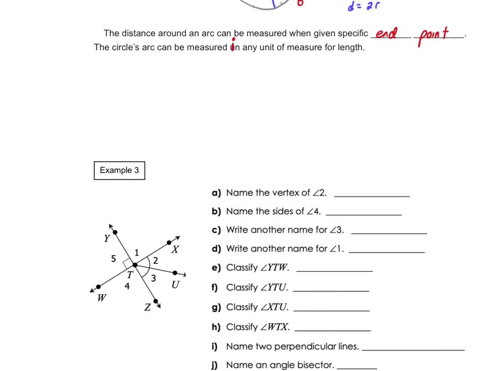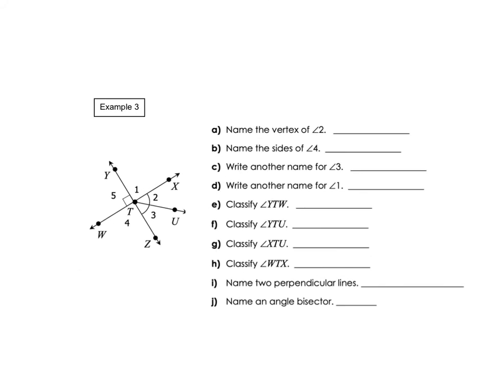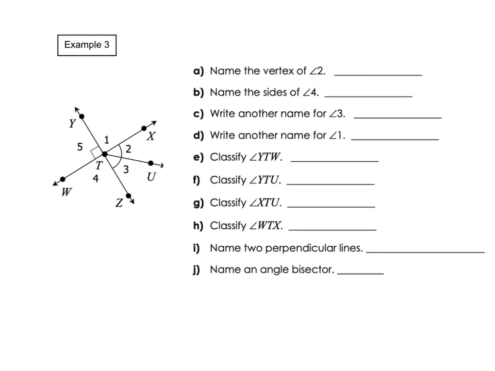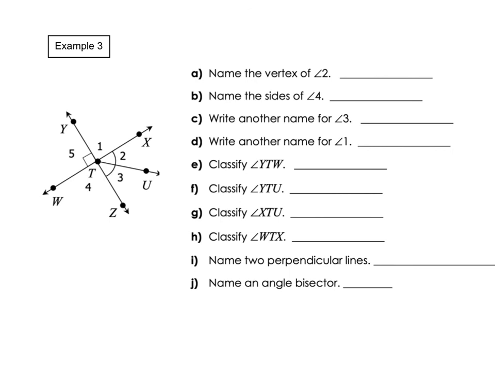Looking at example number 3 as we go to do some identification, it says name the vertex of angle 2. Well, here is angle 2. Angle 2, the vertex, its common sides are right here. So its vertex is point T. It says name the sides of angle 4. Angle 4's sides are going to be ray TZ and ray TW.